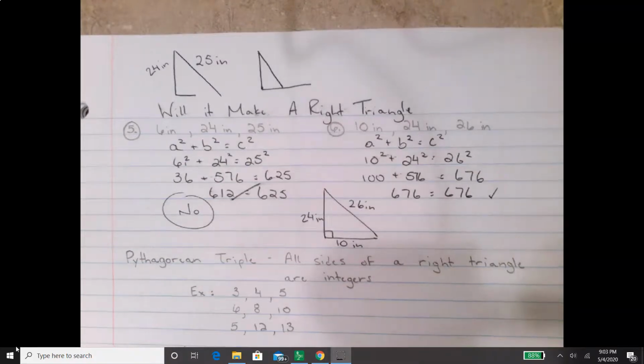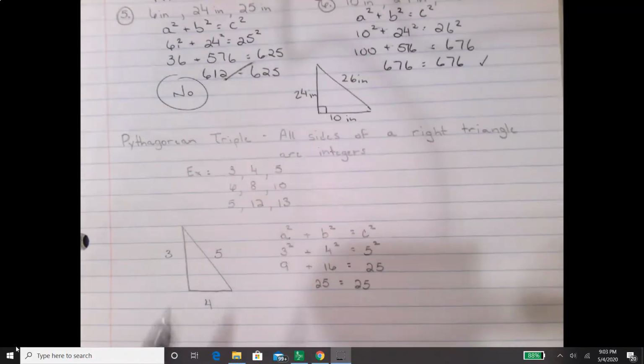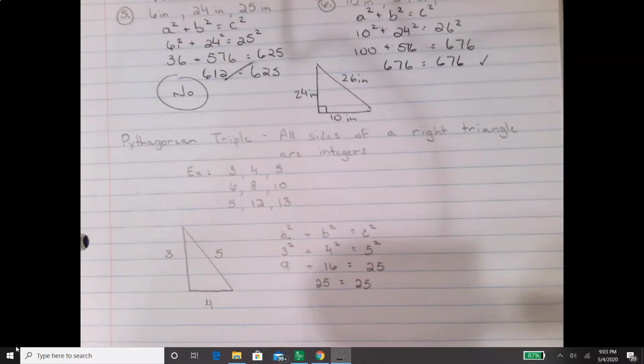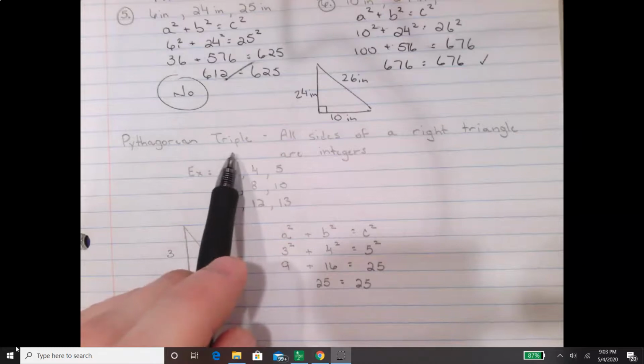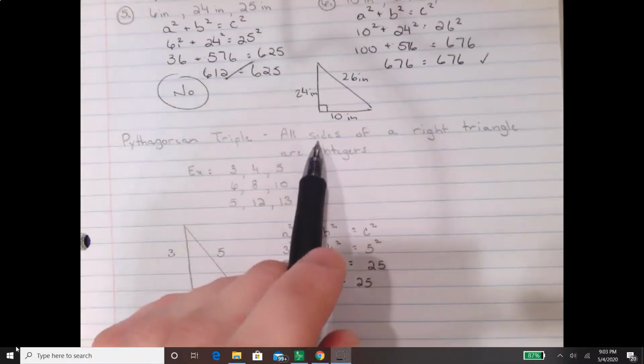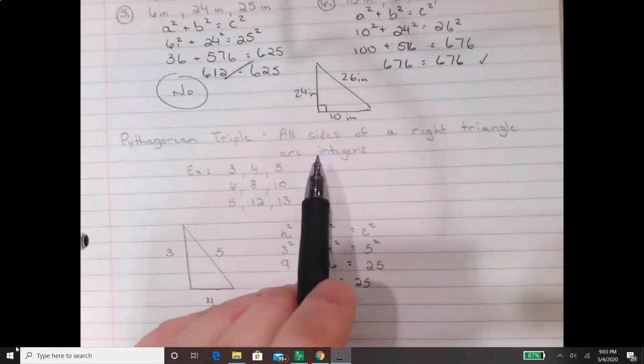All right, the last thing I want to get into, guys, with this lesson, and it's not in your book. I don't think you're going to see it on the quiz that you're probably about to take after this set of notes, but just in case you do, something that goes along with the Pythagorean theorem is called the Pythagorean triple. That means all sides of a right triangle are integers.